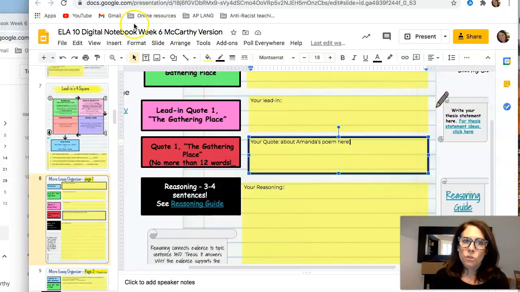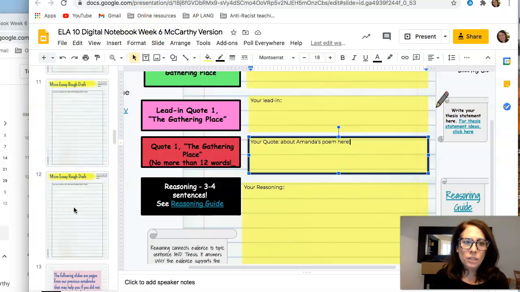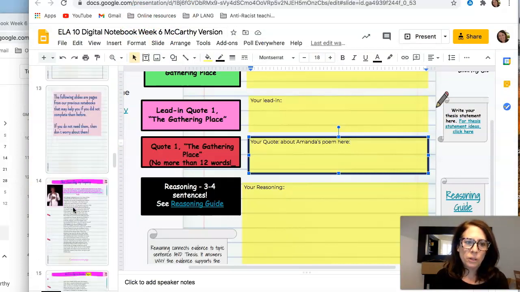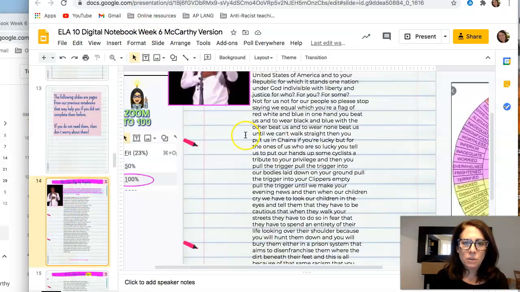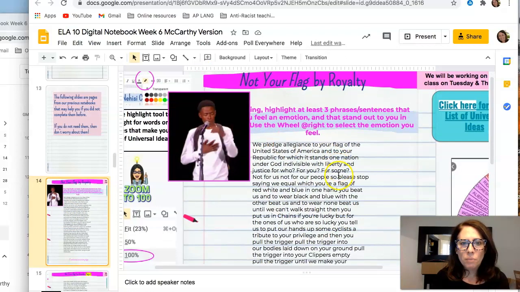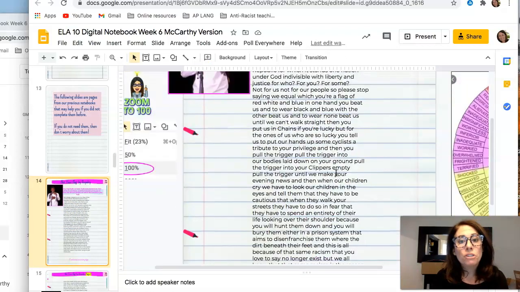So you need to find a quote in your week 6 digital notebook on page 14, okay? This is his poem. You're finding a quote that shows, yes, he has power, but he's powerless in the system, which means he's been made to be powerless by a system, even though he has the power, right? A voice, an energy, an idea, and thought.